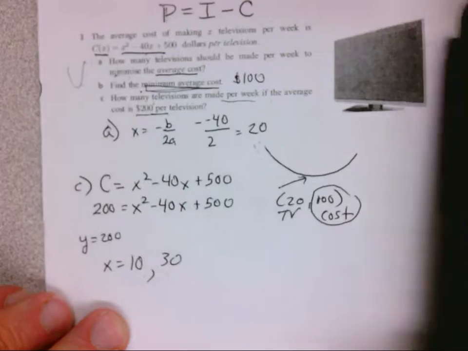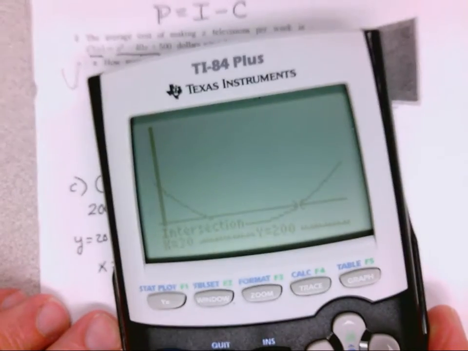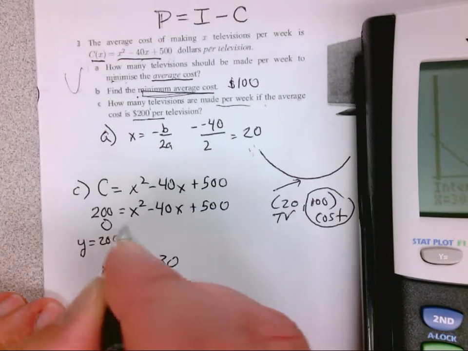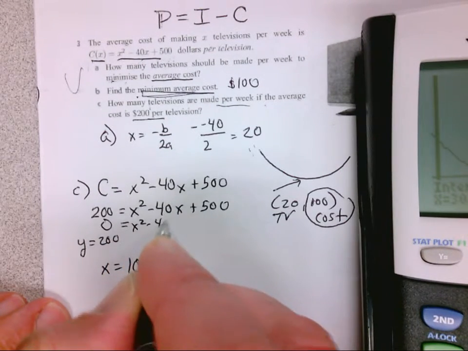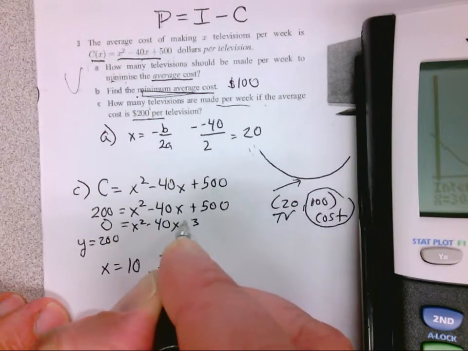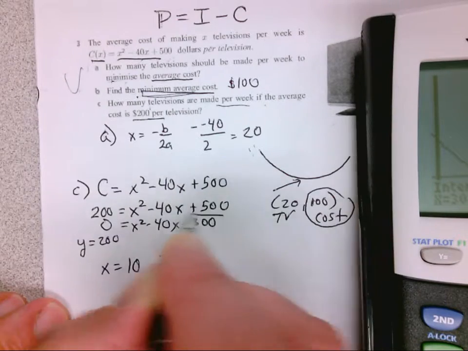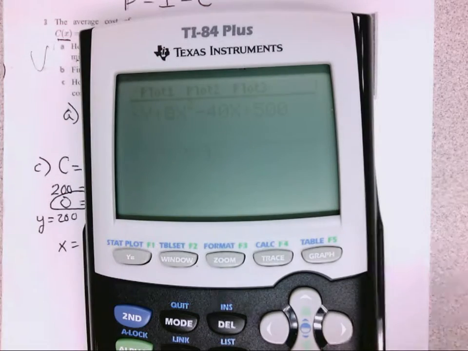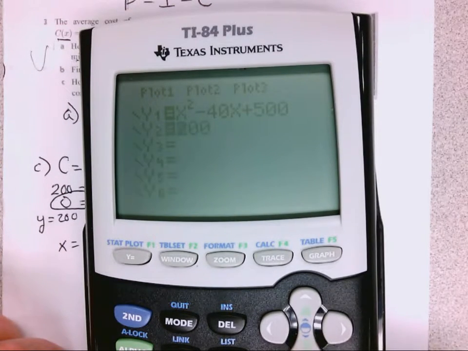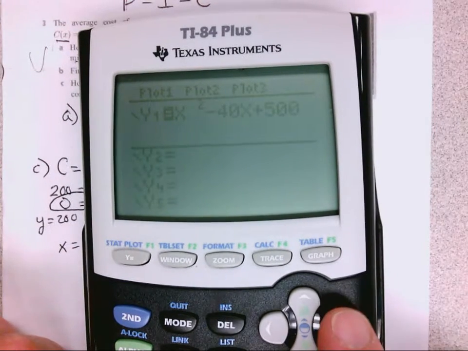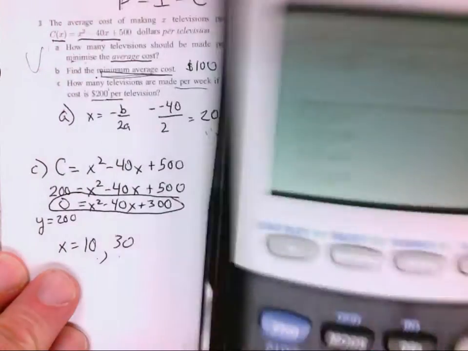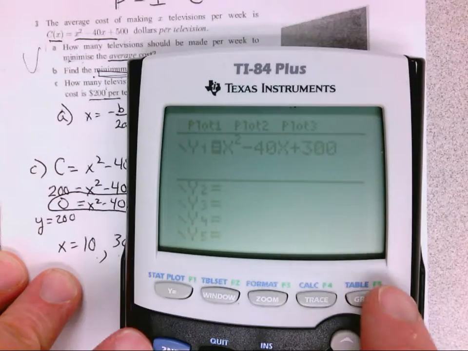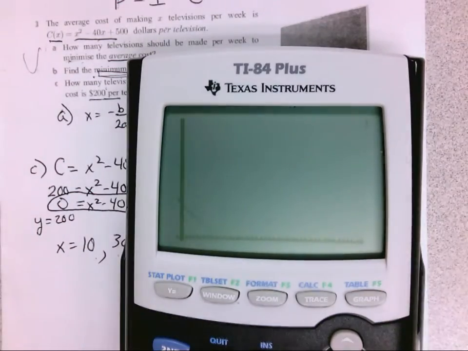If you didn't solve it that way, that might be a new method for you. You hear me saying all the time, solve means set equal to 0. So you could subtract 200 from both sides and then graph this equation and find the zeros. It's a different way to solve. It's the same method for finding zeros, but we're not finding maxes and mins here.